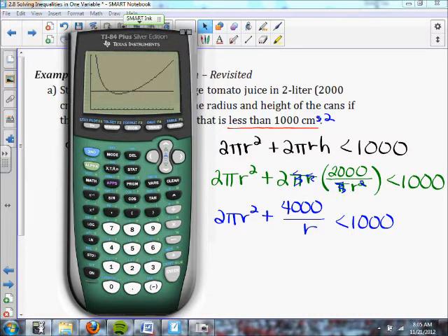Okay. Again, we need to find these intersection points. And if you think back, these should be the same exact intersection points we found in section 2.7.